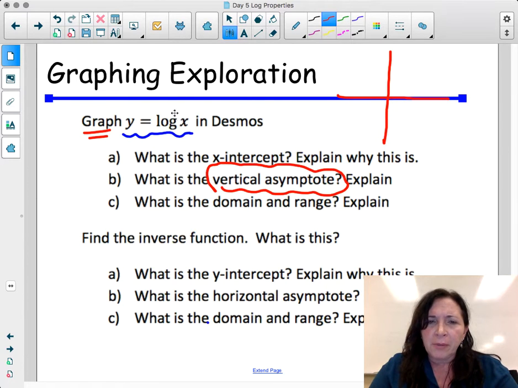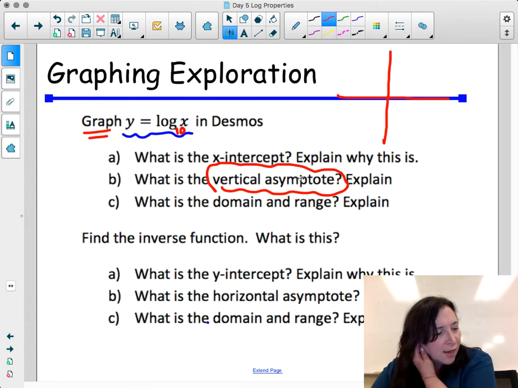So a couple of things, if you don't have a calculator, let's say you didn't have Desmos calculator on the computer, or you didn't have that on your cell phone or mobile device, well, you could change this into an exponential equation, because we know that there's a little 10 down here, 10 base 10. Even though we don't see it, we know it's actually there.